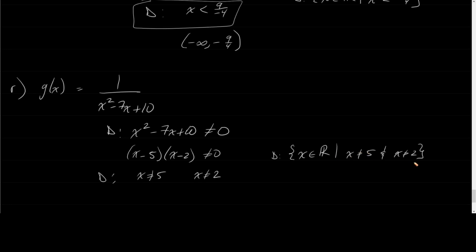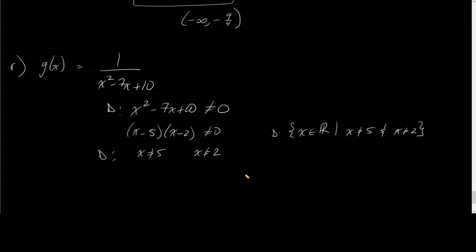In interval notation, this would be from negative infinity up until 2, union 2 to 5, union 5 to infinity. It might have been helpful to look at this on a number line to see which values we care about. We care about everything except 2 and 5, so that's how I came up with that interval notation.